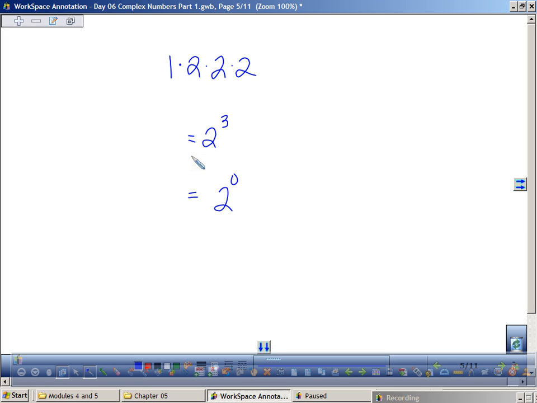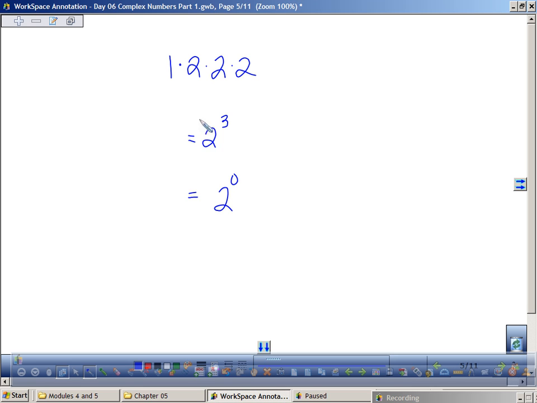Isn't there? What property is that? Identity property. 1 times anything is always itself. 1 times 1 is itself. So there's always an invisible 1, just like when you're adding, there's always an invisible 0, if you'd like to say it that way, right? Okay?